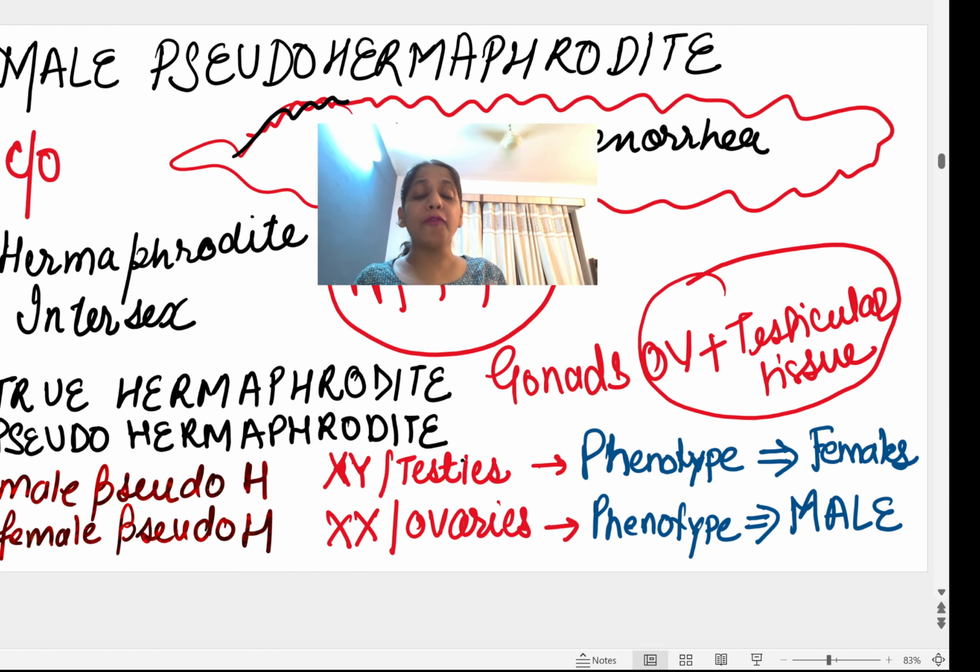So male pseudo hermaphrodite is one in which the gonads are testes and the genotype is XY, but the phenotype is female. This male pseudo hermaphrodite looks like a female, with the total external appearance, secondary sexual characteristics, and external genitalia of a female.